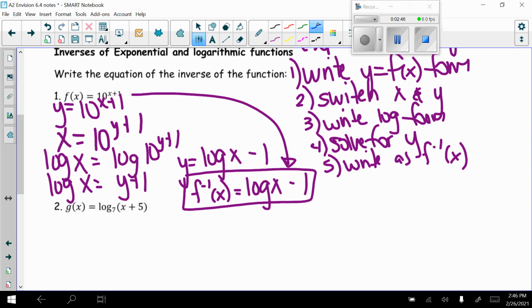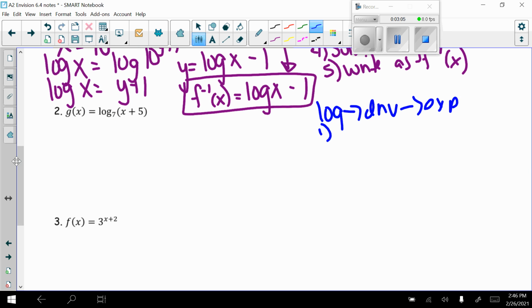So now number 2, write the equation of the inverse. G of x equals log base 7 of x plus 5. This is a logarithm. So if I'm going from a log, I want the inverse. It's going to be an exponential. Our steps. Again, we always start out step number 1. We write y equals f of x form. So we get rid of the f of x.